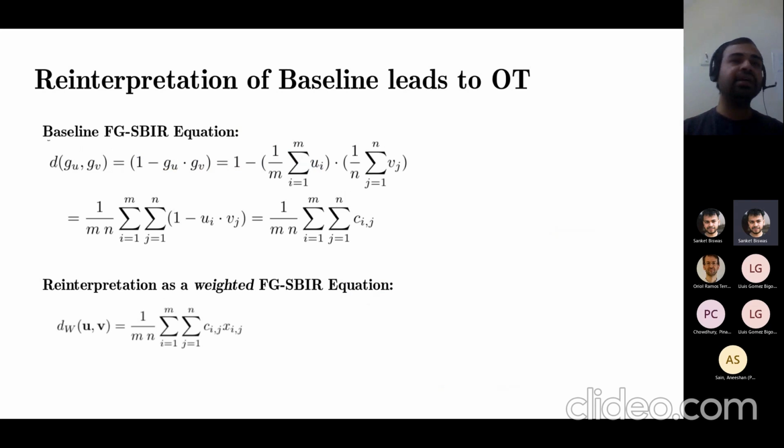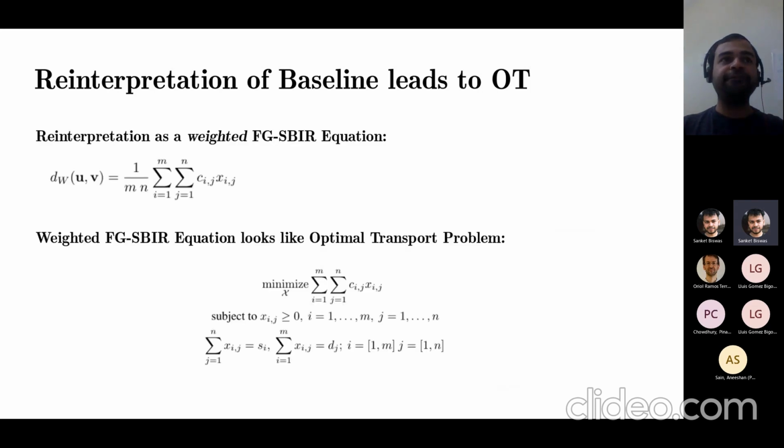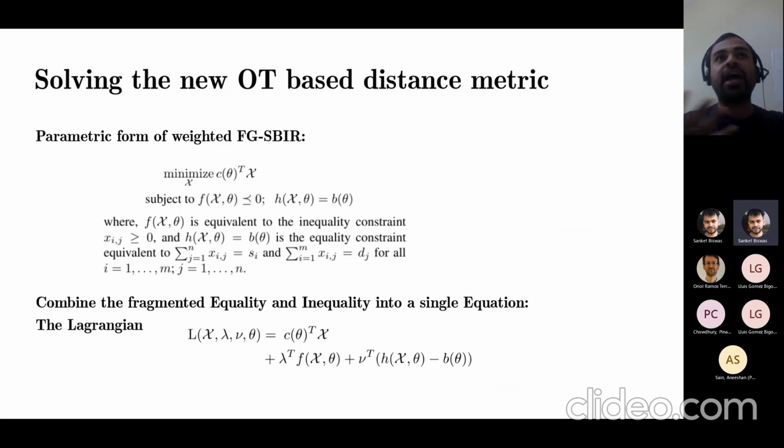I'll briefly glance over the technical details. An important thing is that we do not radically change the baseline. Rather, we reinterpret the existing solutions for object level fine-grained sketch-based image retrieval and tweak it a little bit by adding a weighted vector to the existing formulation. If we play around with the formulation, we see that it looks a lot like an optimal transport problem. If you have an optimal transport problem, you can convert it to a parametric form.